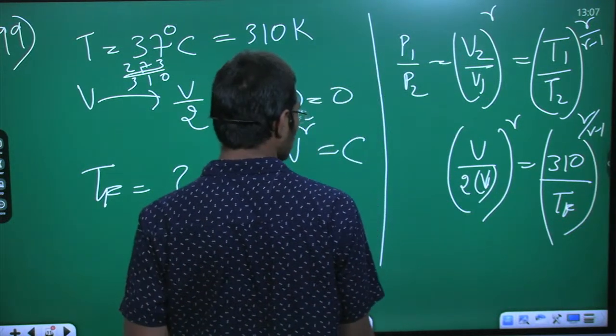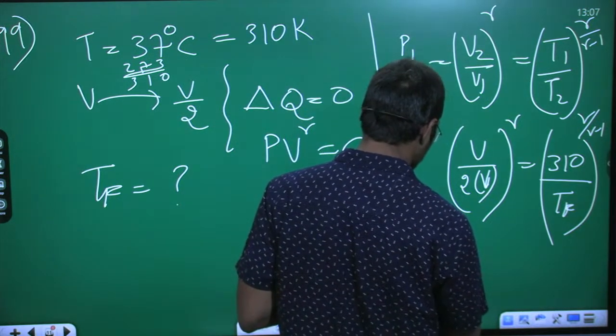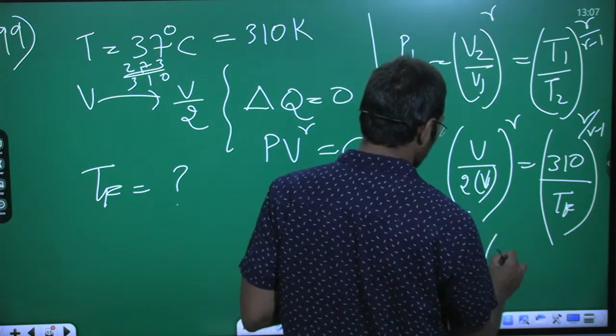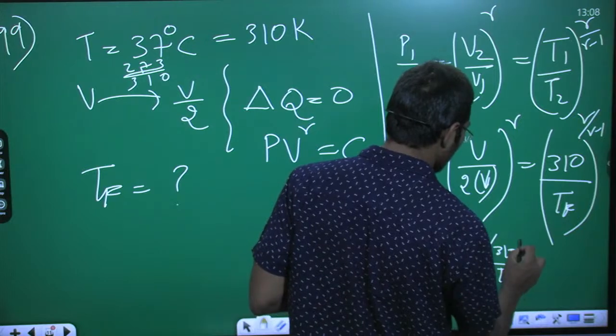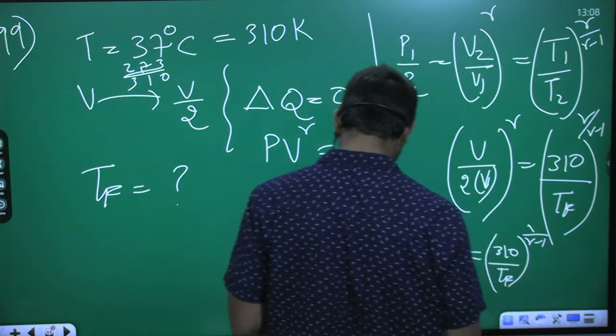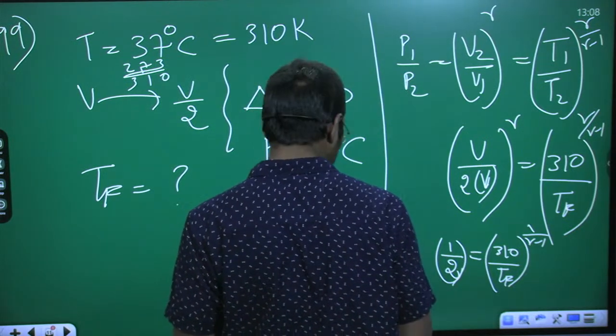What is being asked? T final, right? So 1 by 2 equals 310 by T final whole power 1 by gamma minus 1. What is gamma? Gamma is 1.5.